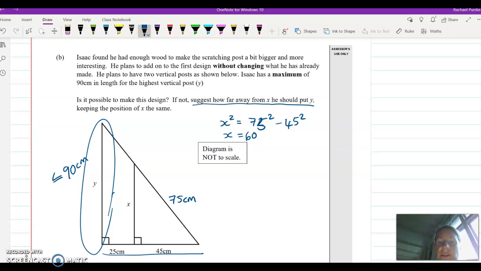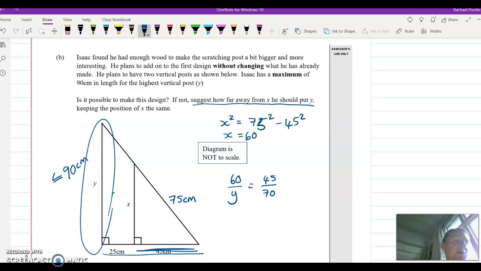They're similar triangles, aren't they? So you could approach it in that way, working out that they're similar triangles. So let's compare them. We're saying really that 60 compared to Y is going to be the same as 45 compared to 70, because that whole bottom length there is 70, and 45 is the length of just that smaller triangle.